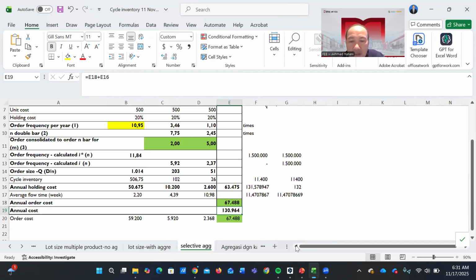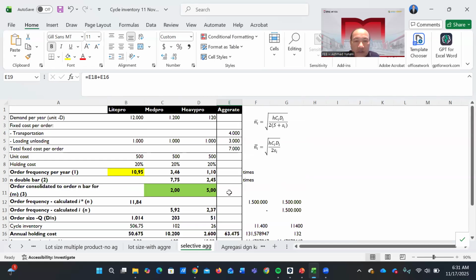Using this calculation, finally we will choose this model, aggregation with selective. We select Light Pro to be the order consolidation. We will consolidate the orders for Med Pro and HiFi Pro into the order for Light Pro.